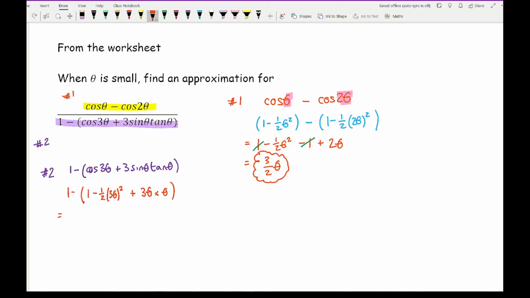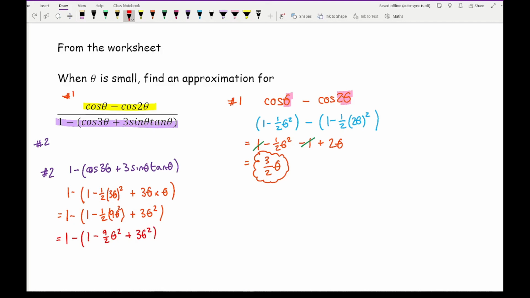Now from this, I've got 1 minus and then a half 9 theta squared plus 3 theta squared. Then I've got 1 minus bracket 1 minus 9 over 2 theta squared plus 3 theta squared, and then expand the brackets out.